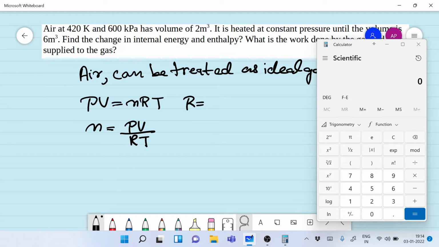Here R is 8.314 kilojoule per kmol Kelvin.